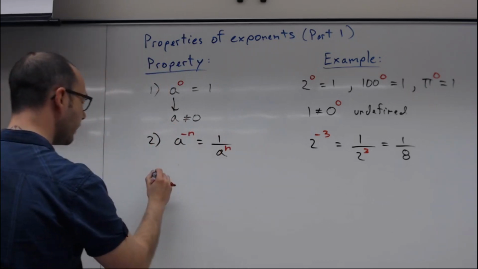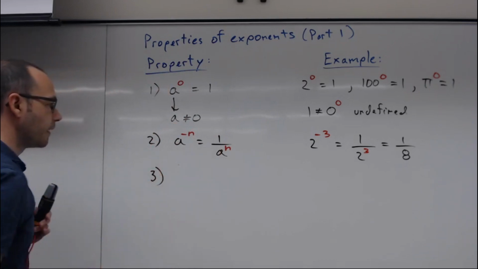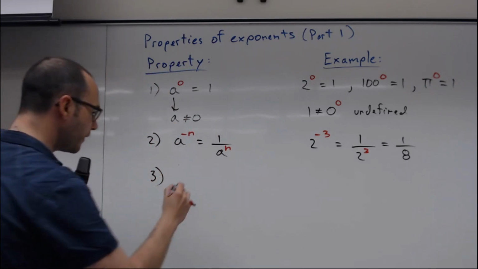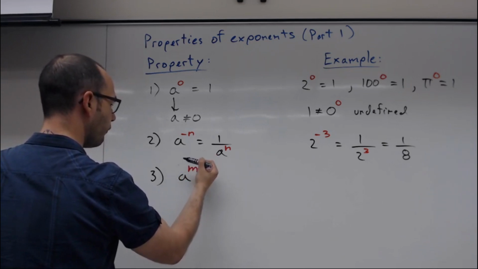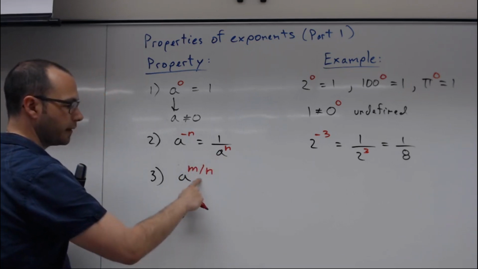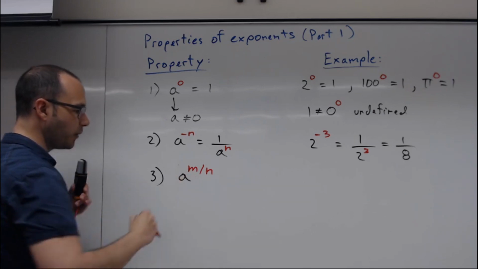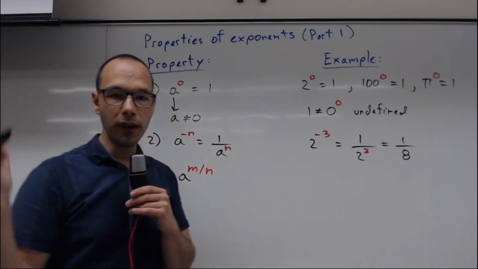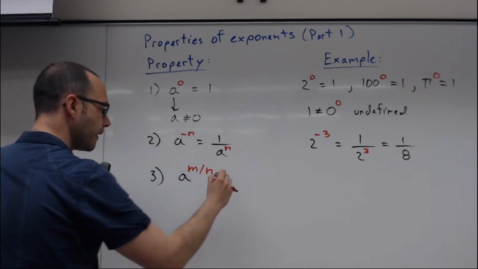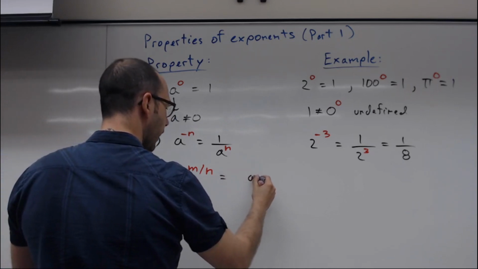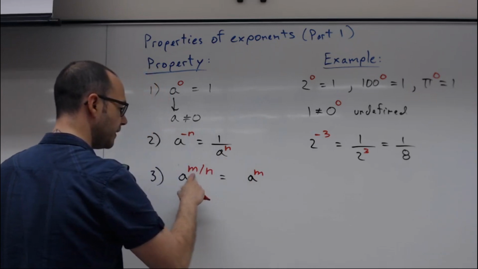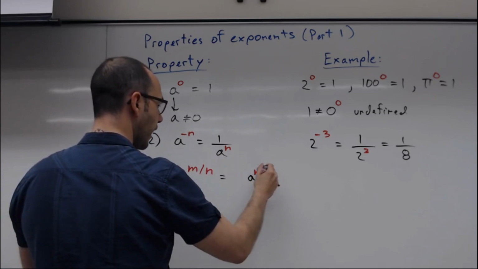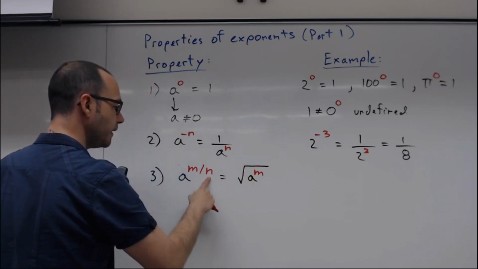Final one, third one, it's going to be the property when you have a to the power of m over n. So there's a fraction at the exponent, and what does that mean? It means that you're going to have a to the power of m. So the power is going to be the numerator, and the root is going to be the denominator.